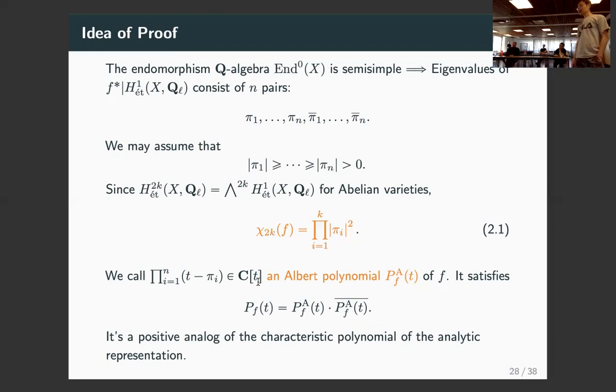It satisfies this natural identity: the characteristic polynomial of f, which is defined as the characteristic polynomial of the pullback on H^1, is the product of this Albanese polynomial and its conjugate. So in this sense, this Albanese polynomial is a positive characteristic analog of the characteristic polynomial of the analytic representation of f for a complex Abelian variety.